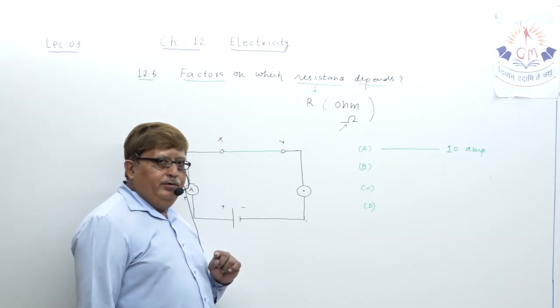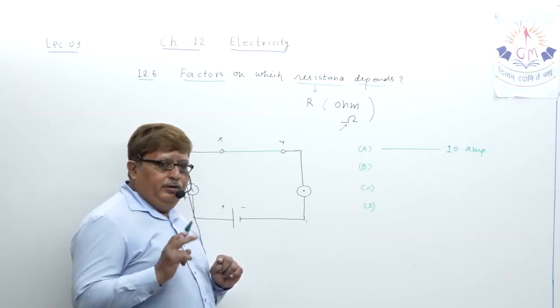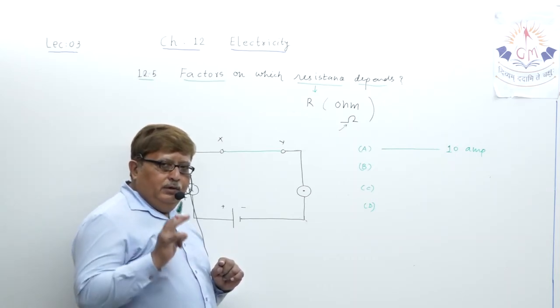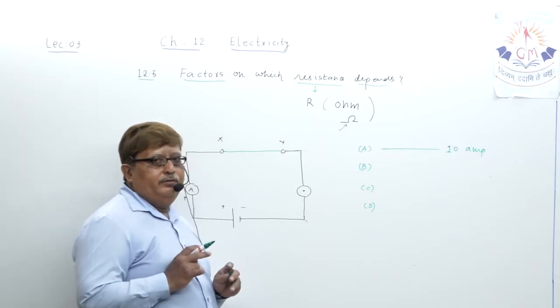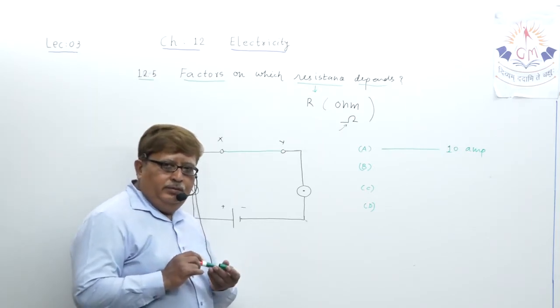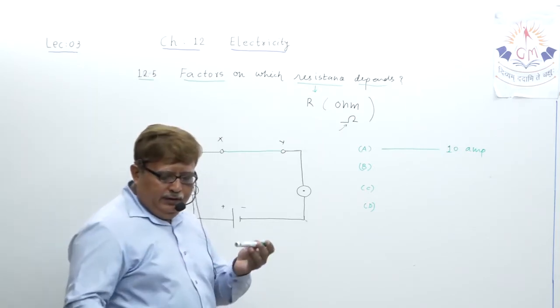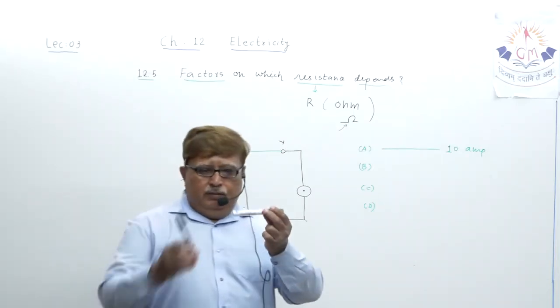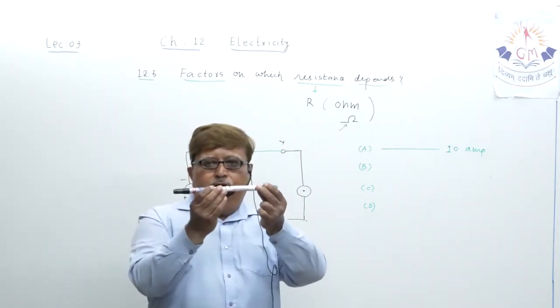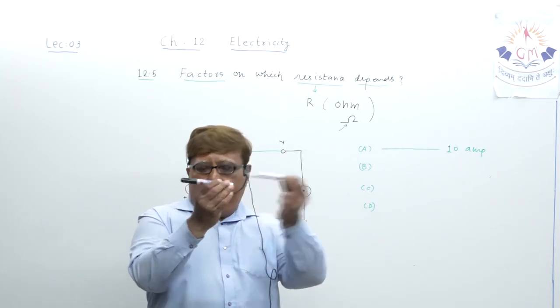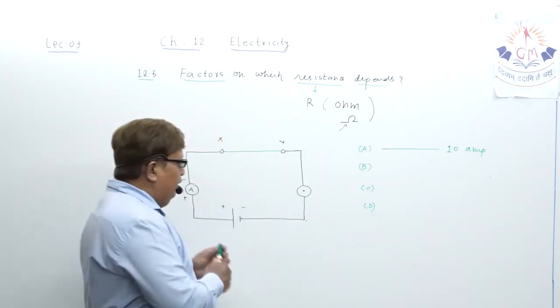Now what we are going to do, I am going to take a nichrome wire of the same thickness, understand? But double the length, and then I attach it with the circuit.